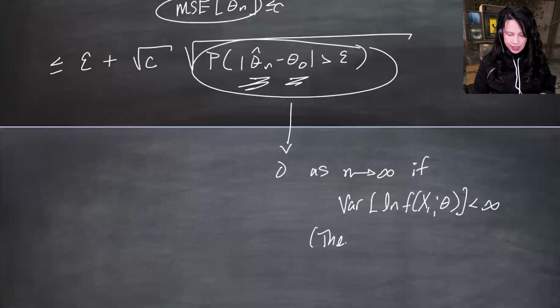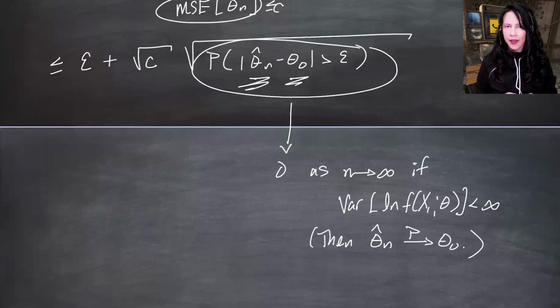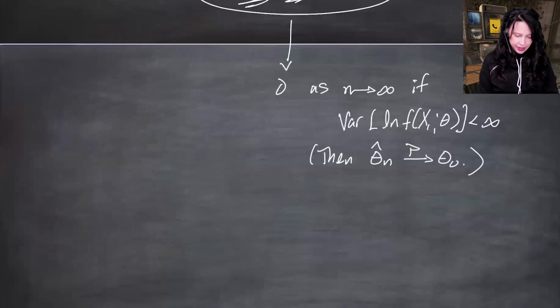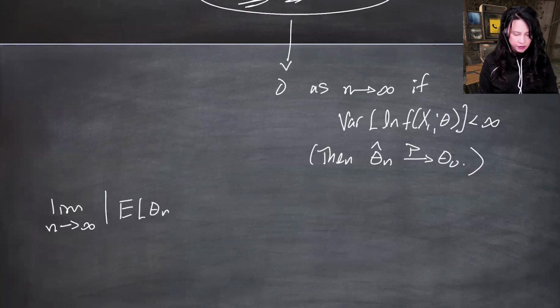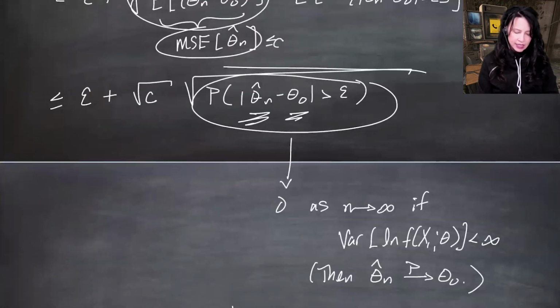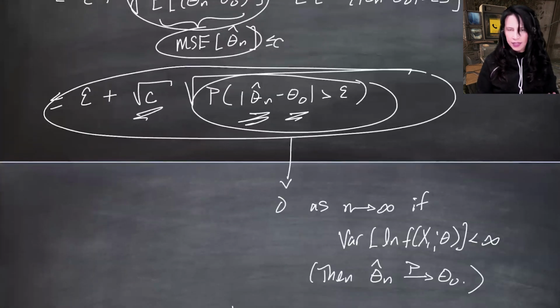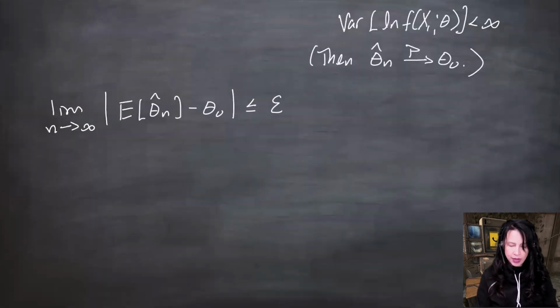Then theta n hat converges in probability to theta naught. And that probability is going to 0. Now let me pull it all together. The limit as n goes to infinity of the absolute value of the expected value of the MLE minus theta naught is less than or equal to the limit of this thing. And this is a nice bounded constant, and that part's going to 0, so we get less than or equal to epsilon in the limit.